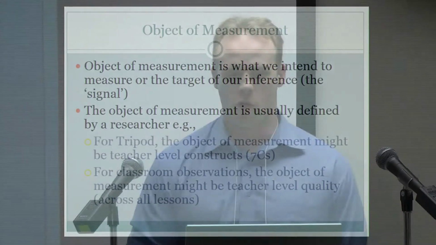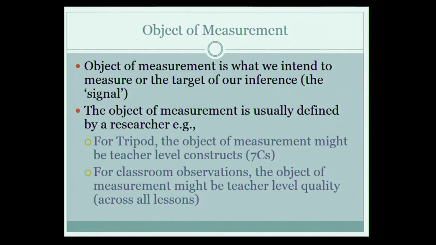Moving forward, we're going to talk a lot about the object of measurement. In other words, what it is you want to measure in your particular research project, right? The object of measurement is really focused on the target of our inference. It could be different for different studies. There's not a single target of inference or object of measurement. It depends on what you want to study in your research project. For example, if you're looking at the student surveys for the Tripod instrument, you may be interested in constructs at the student level, or at the classroom level, or somewhere higher up the hierarchy, maybe constructs at the school level.